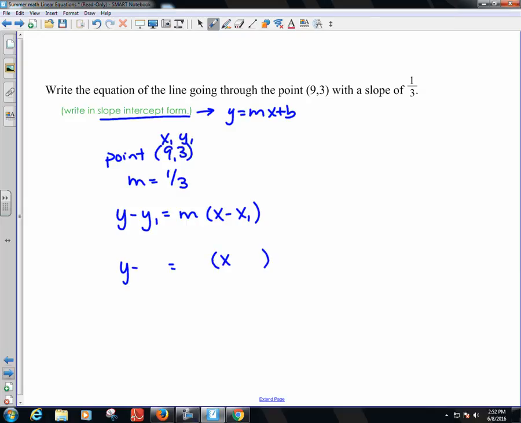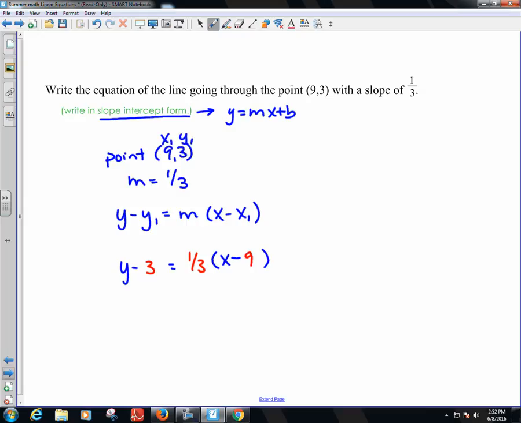I know that y1 is 3. I know that my slope is 1/3, and I know that x1 is 9. So I'm filling in the things that I know.